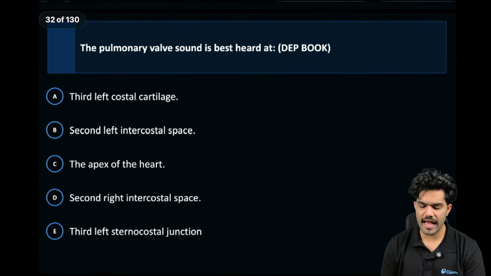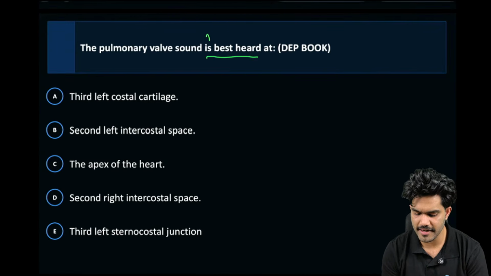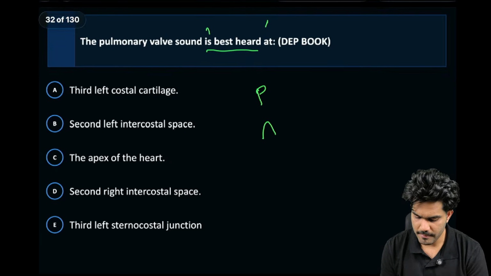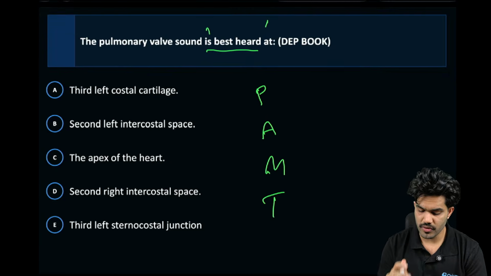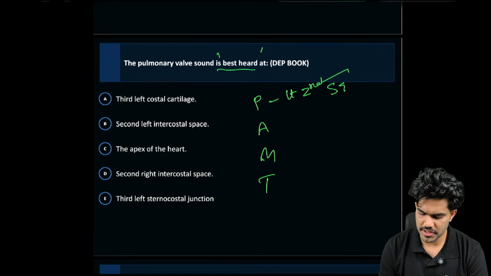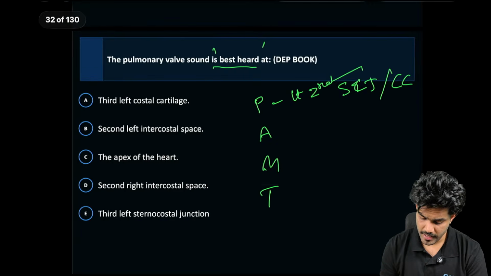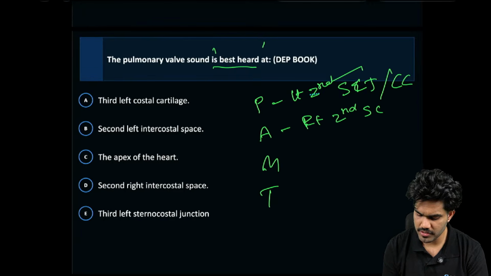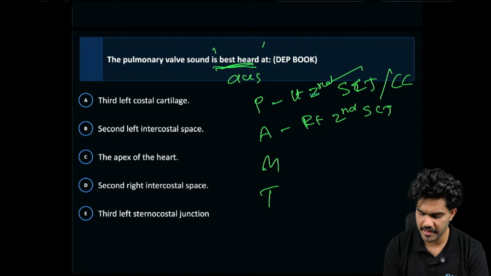The pulmonary valve sound is best heard at... See, I have told you the trick for finding it: PAMPed. Just write PAMPed in the exam. Pulmonary, at which level? I told you left second sternocostal junction or costal cartilage. Aortic, right second sternocostal cartilage. Best heard means auscultatory areas.